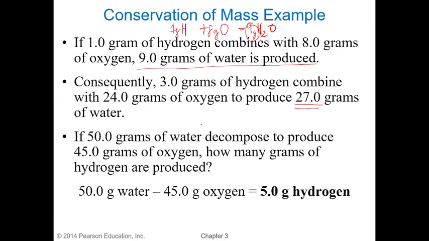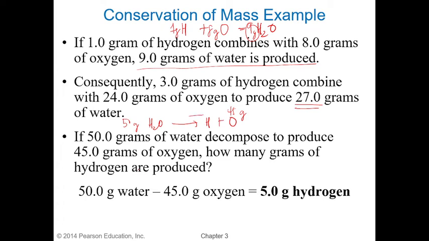So paano naman kung baliktad? If you start with water and you want to break it down to oxygen and hydrogen, so sabi dito, if 50 grams of water decomposed to produce 45 grams of oxygen, ilang grams yung inyong hydrogen?